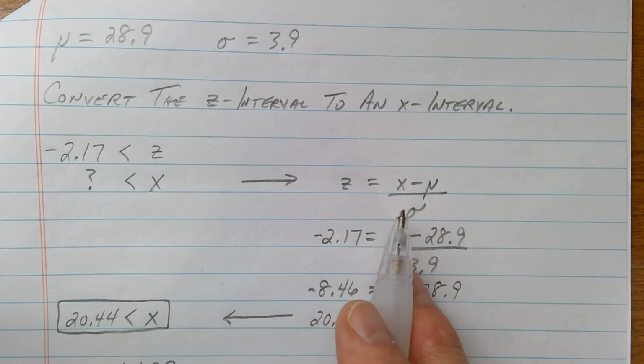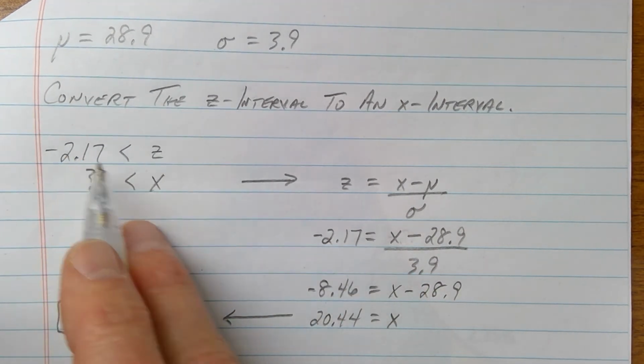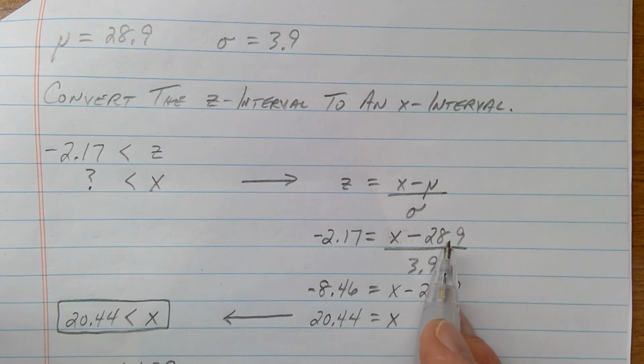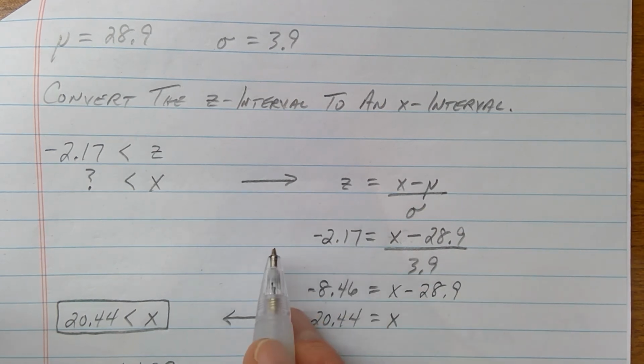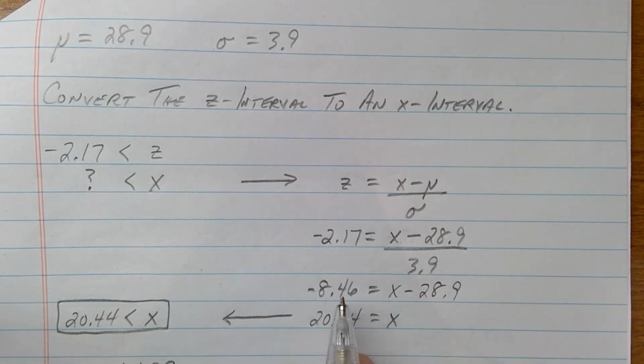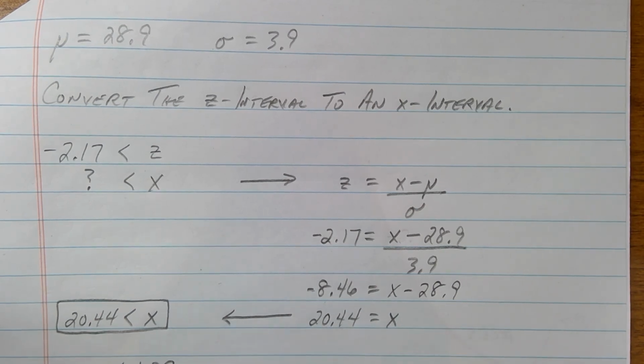All right, same formula, but this time we know what z is. It's negative 2.17. We don't know what x is. There's mu, there's sigma. I have to times 3.9, times 3.9. That gets rid of the 3.9 and gives me this equation. And then I plus 28.9, plus 28.9, and that gives me an x score of 20.44.